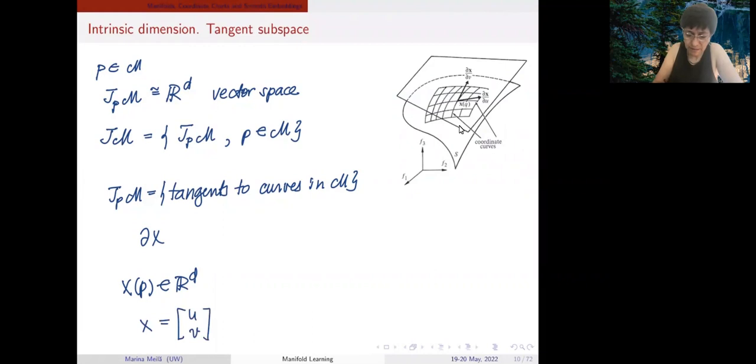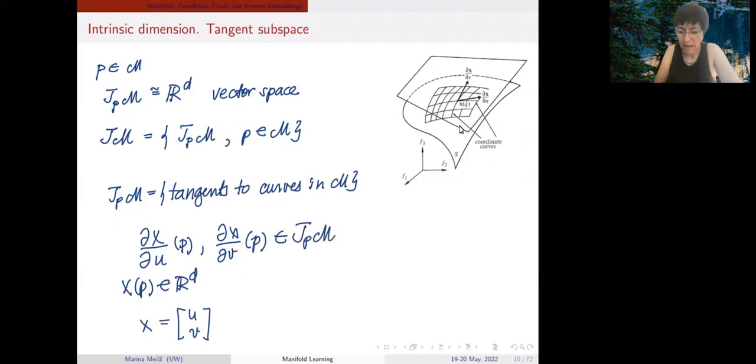Then dx/du at P and dx/dv at P are both vectors in the tangent space. And not surprisingly, you can guess that they form a basis for the tangent space. So we see that there is an intimate relationship between the coordinate functions on the manifold and bases in the tangent space.